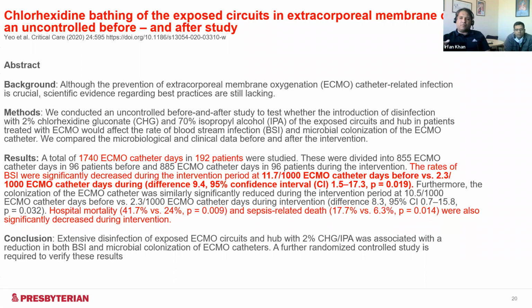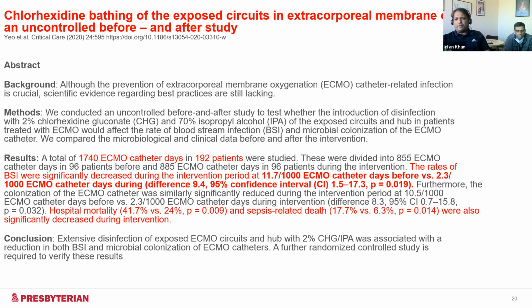This was an uncontrolled before and after study, and they washed it with 2% chlorhexidine and 70% isopropyl alcohol. Basically all the exposed circuits were washed, their hubs were washed, and then they also did cultures of these circuits post ECMO.